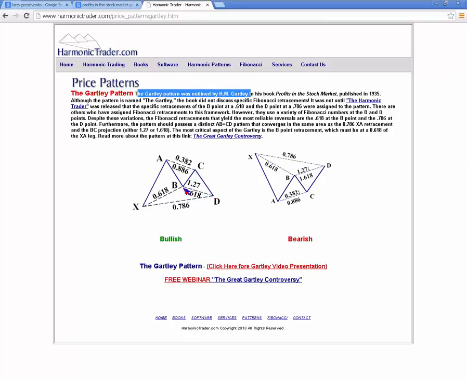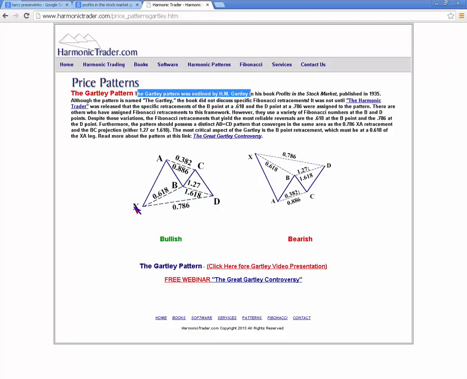And what that means, let's just say B to C was 10 points. Well, from C to D, based on the 127 and 161 extension ratios, B to C is 10. That means going from C to D would be what? 12 to 16 points, you see?